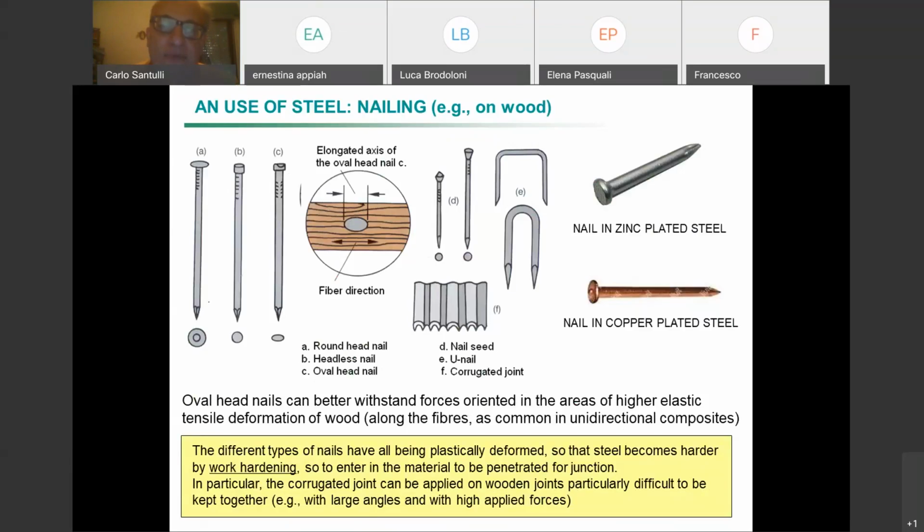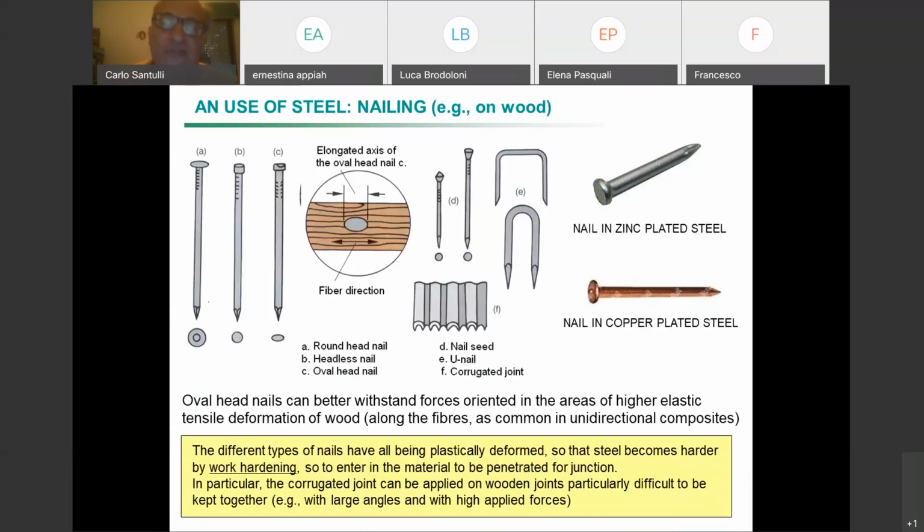We had said before that plastic deformation is not always a good thing, because in the long run it leads to failure. But in some cases, plastic deformation is essential for workability of the material.